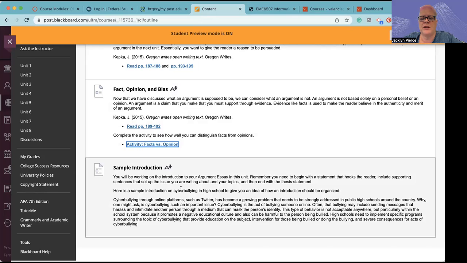You will also want to pay careful attention to the thesis, which is the single sentence at the end of this paragraph. And it says, high schools need to implement specific programs surrounding the topic of cyberbullying that provide education on the subject, intervention for those being bullied or doing the bullying, and severe consequences for acts of cyberbullying.